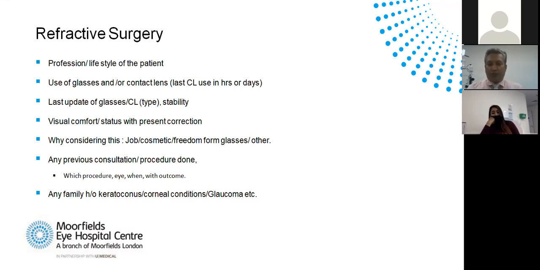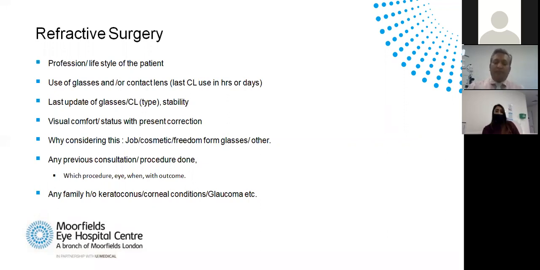If it is job related, or they don't want to go for glasses, but the other findings suggest that it is not possible to do LASIK or refractive surgery in this patient, we can think of suggesting contact lenses in such patients. So this kind of information will help the clinician decide on the subsequent plan.